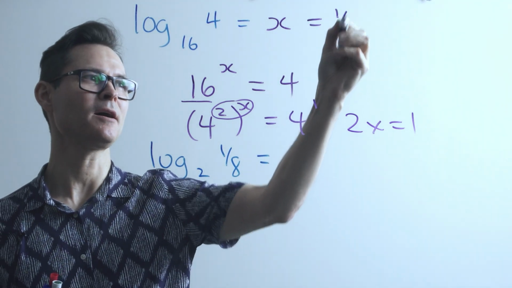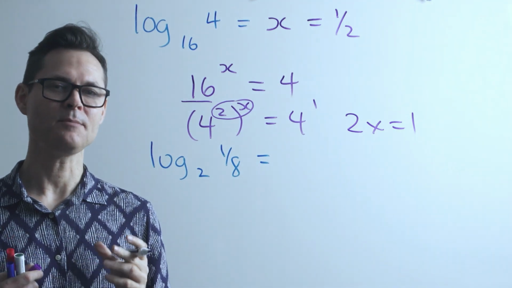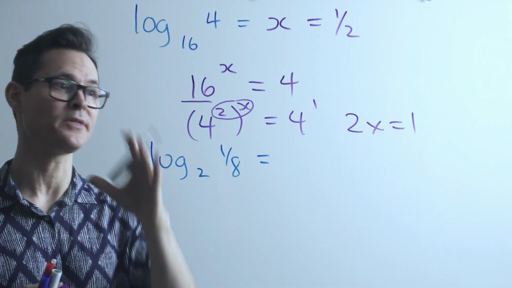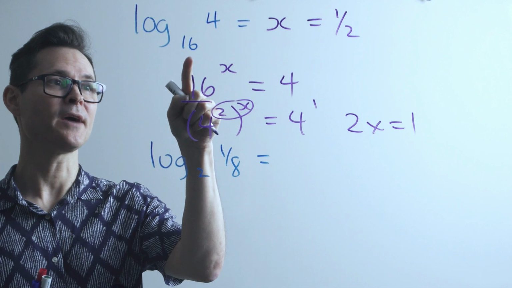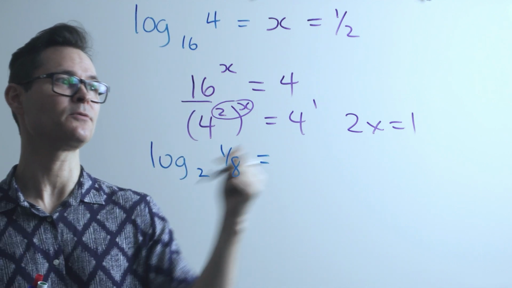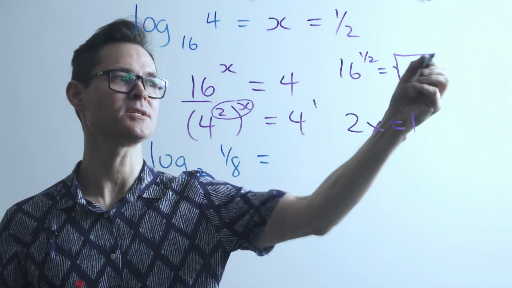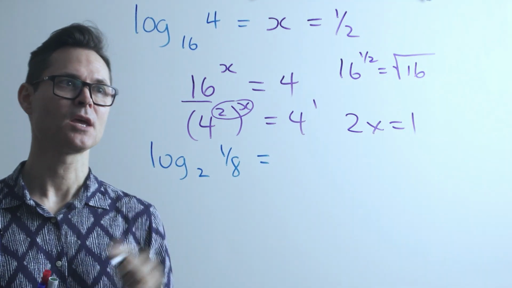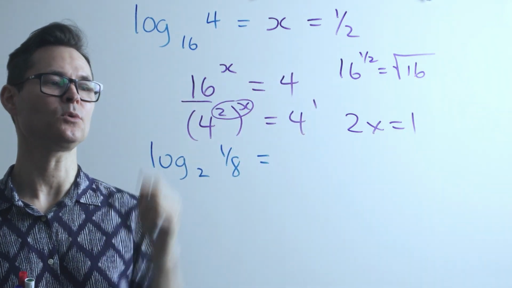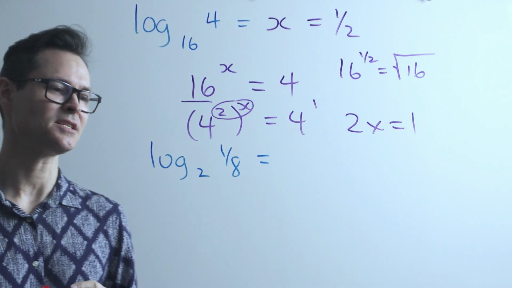So the answer becomes 1 over 2. That kind of makes sense too, and that might occur to you without doing all of this work: if I square rooted 16, I'd get 4. 16 to the half is the same as the square root of 16. So 16 to the half is equal to 4, because the square root of 16 is 4.